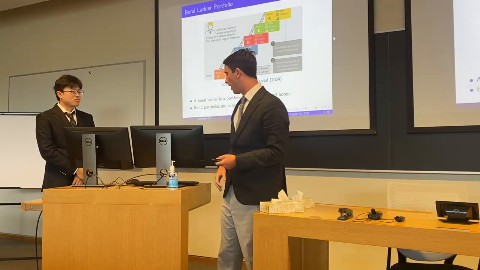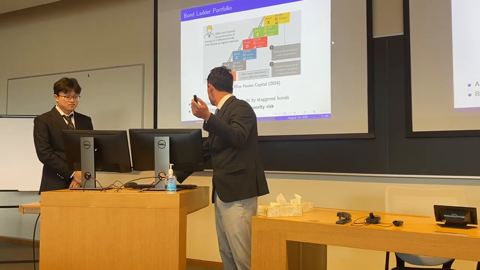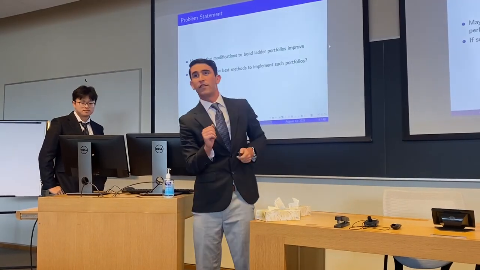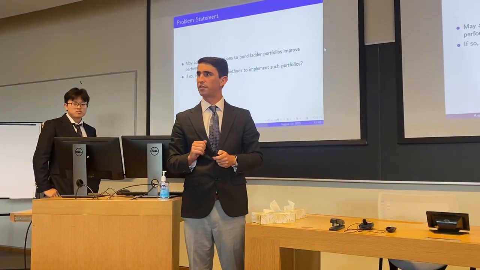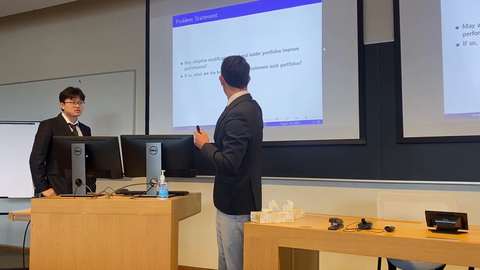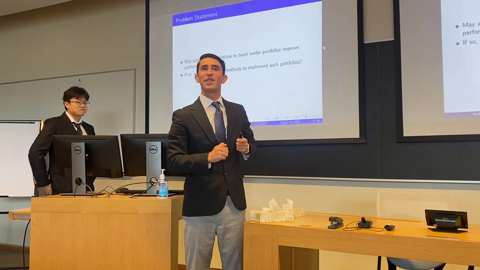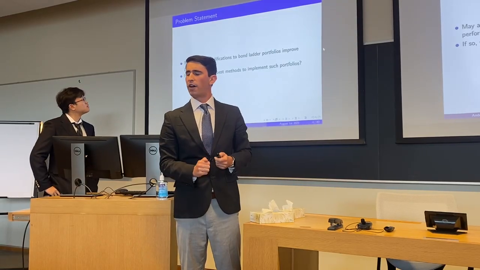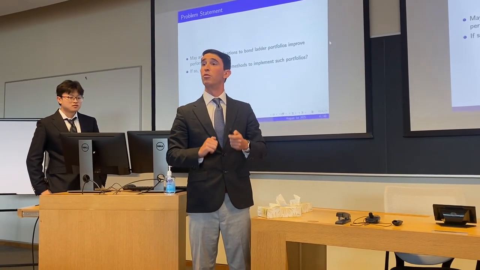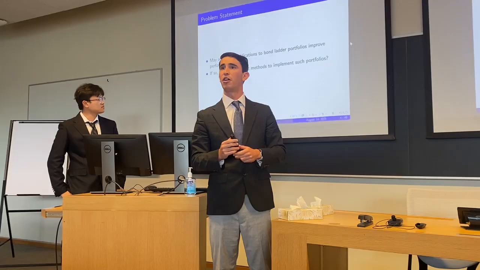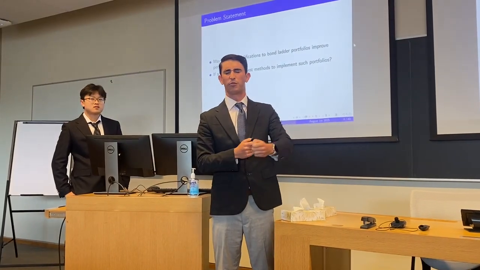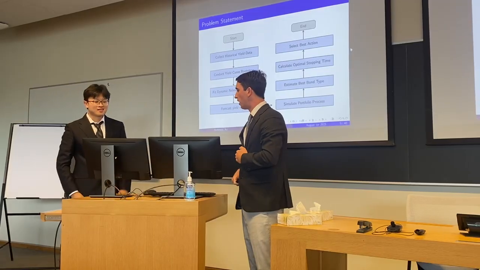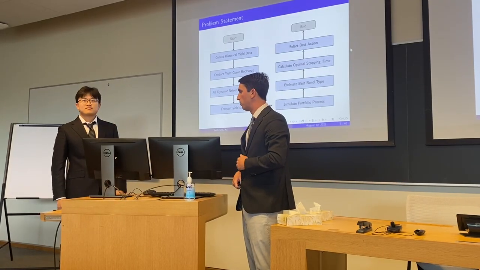We want to figure out whether we can make some adaptive modifications to improve the performance of bond ladders, and if so, what are the best methods to do so. In what follows, we will show you how we've constructed our process to solve this problem. I'm going to hand it over to my colleague Tony to give you some of the underlying ideas of our approach.